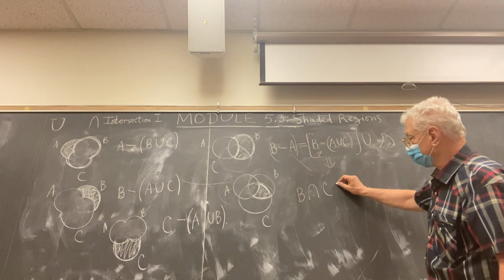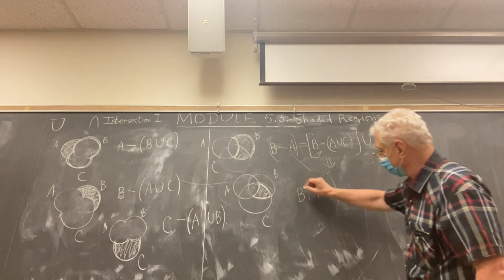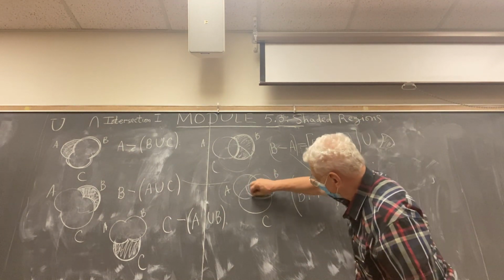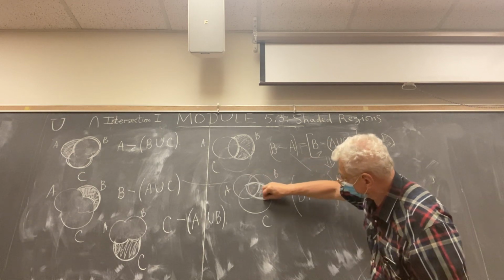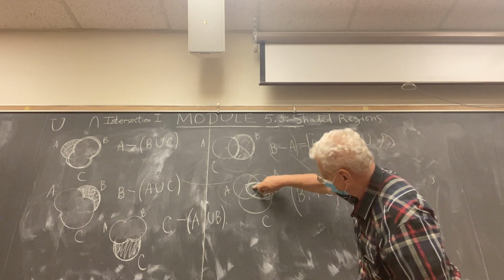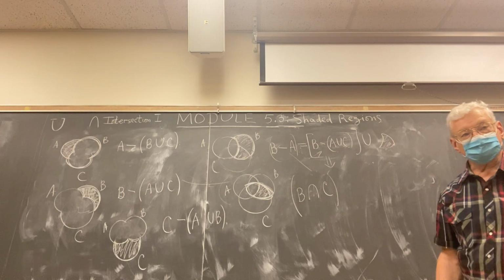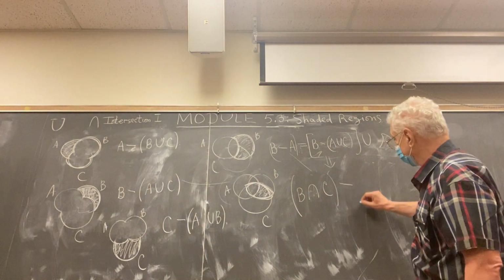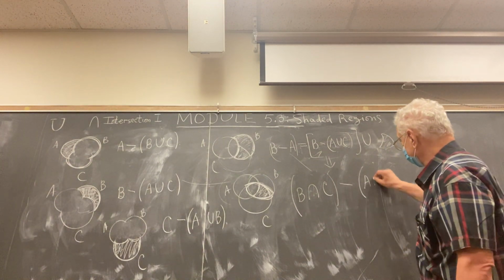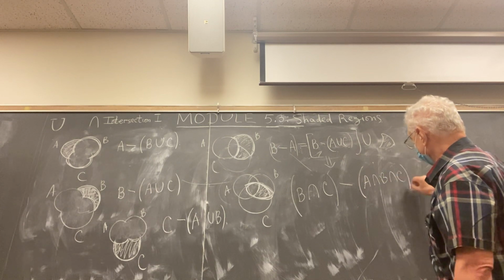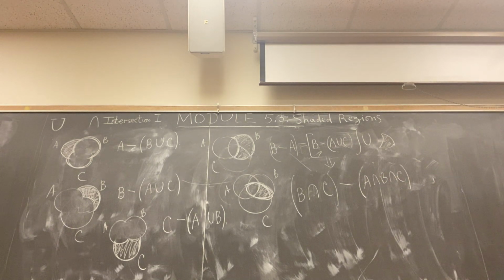So B intersection C is that one, and now I have to remove the middle part. What is the middle part? Minus the middle part, A intersection B intersection C. That's it. So what I erased before is the same as that.